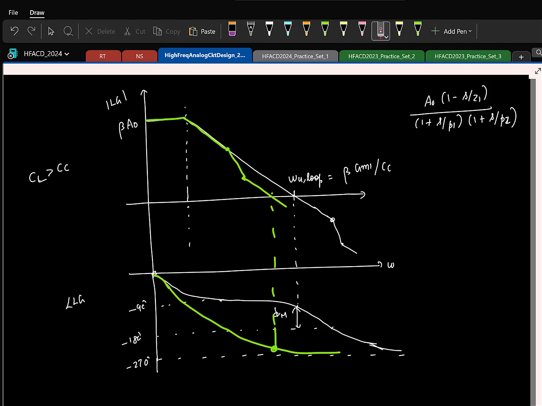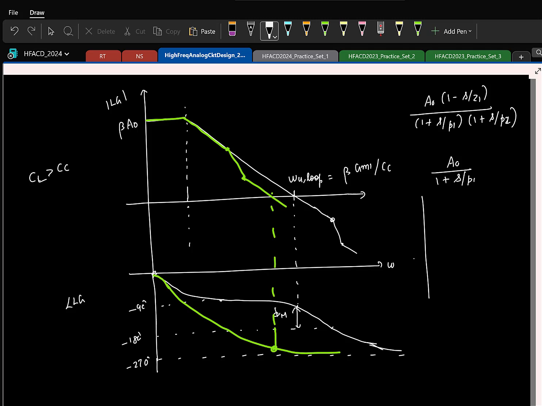So don't blindly just look at the magnitude plot. It is true that we want the system to behave like a first order system around the unity loop gain frequency. But that doesn't mean that only the magnitude plot should exhibit a minus 20 dB per decade slope, right? Significant information is actually present in the phase plot, okay? And in fact, if you recollect, when we were looking at the effect of a pole, let us say we have a system like this.